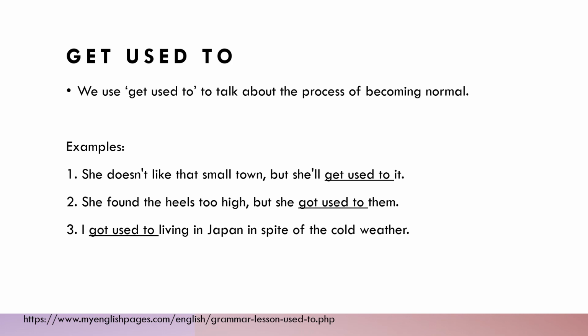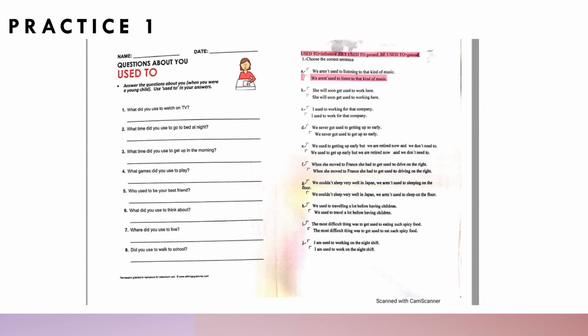Okay everyone, this is your practice one, and these are the questions that will be distributed by your teacher in class. There are two sets of questions, and I hope you will be able to answer all of them. On the left is where you have to answer the questions with the words used to, from number 1 to number 8.